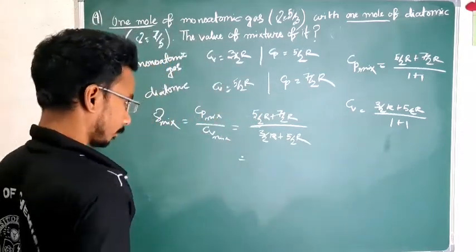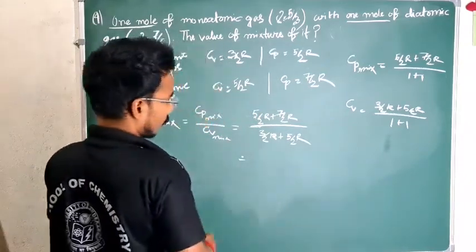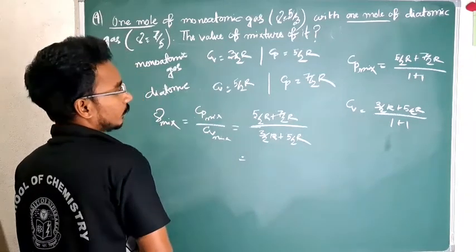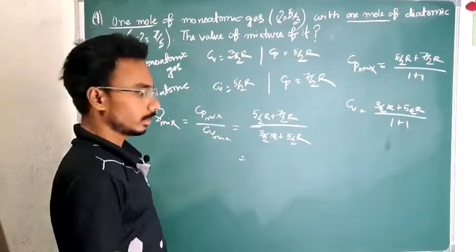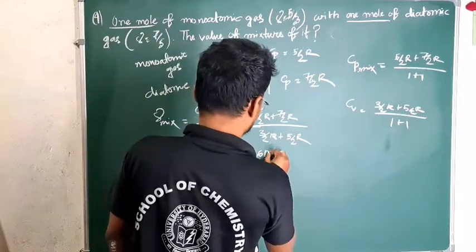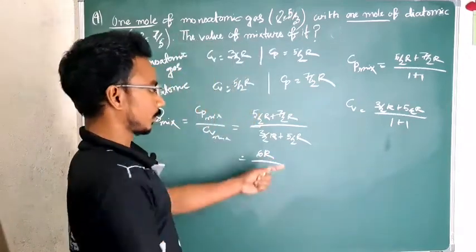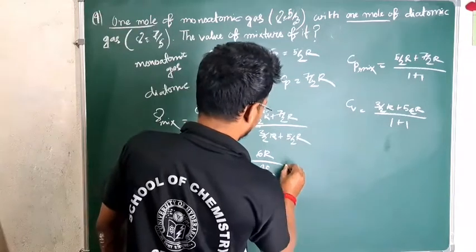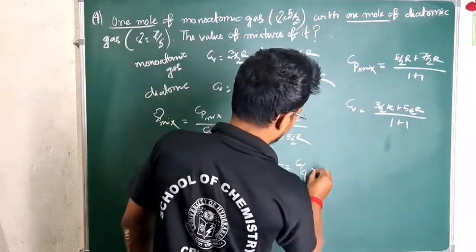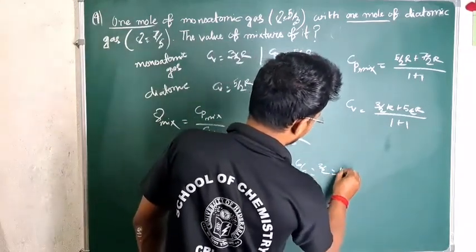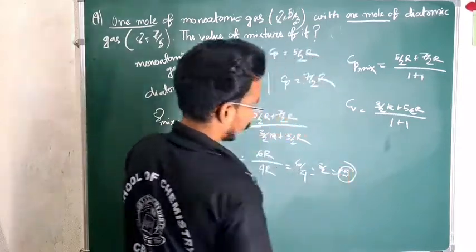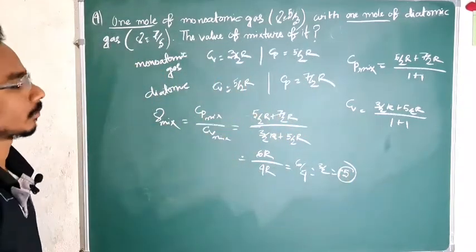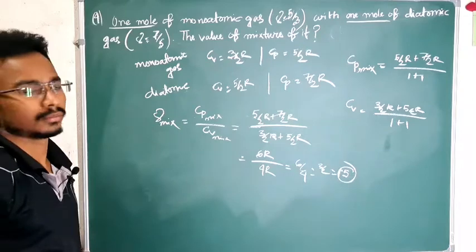Calculate it. So 2.5 plus 3.5 means 6. 1.5 plus 2.5 means 4. 6/4, 3/2, 1.5. So the value will be 1.5. Understand?